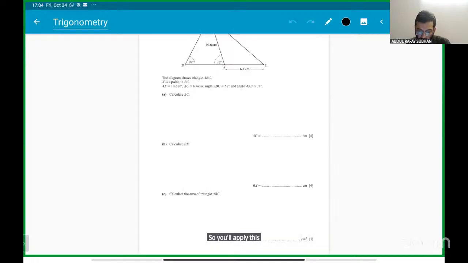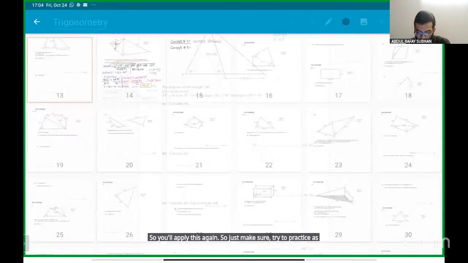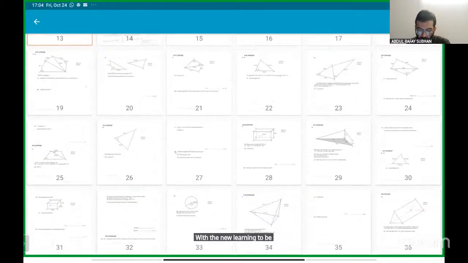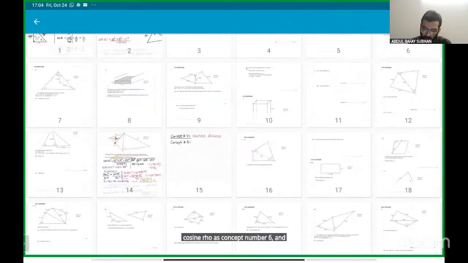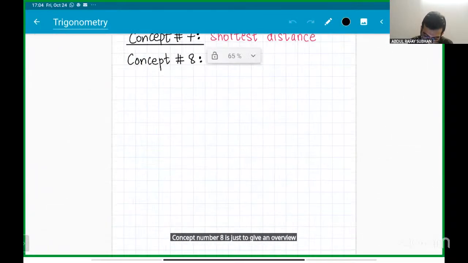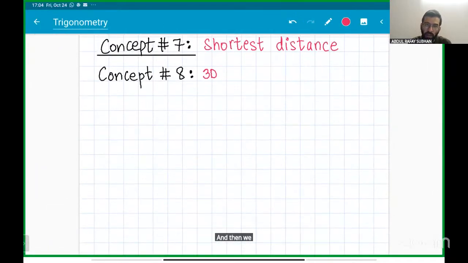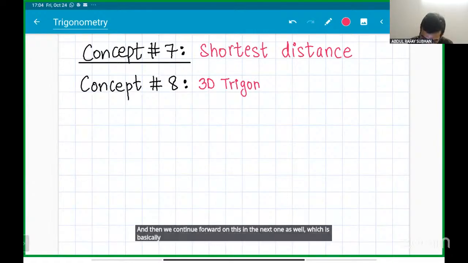Try to practice as many as possible from the PDF. Since we have done concept number six, this is concept number seven. Concept number eight is just to give an overview, to think about it, and then we continue on this in the next one, which is 3D trigonometry.